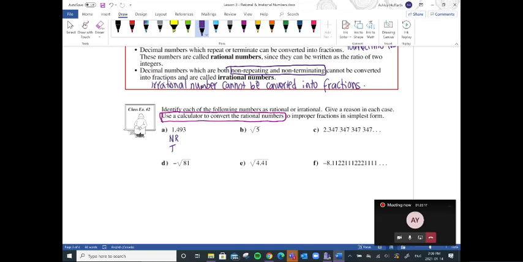To be irrational, it has to be non-repeating and non-terminating. Well, that's not the case here. It's non-repeating, so it satisfies that, but it's terminating. So automatically that means this is a rational number. And here's our reasoning right here: because it terminates.